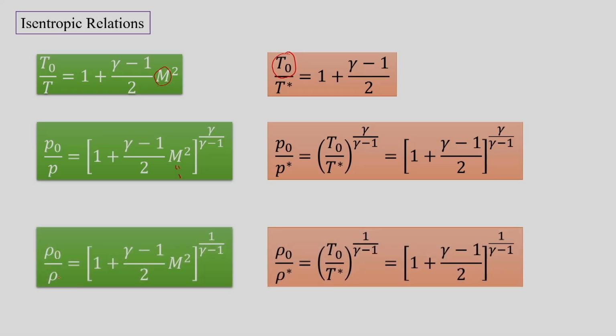The density ratio at the sonic condition can be found in the same way, and these starred quantities depend only upon the specific heat ratio gamma, since we are putting a specific value of Mach number, which is 1.